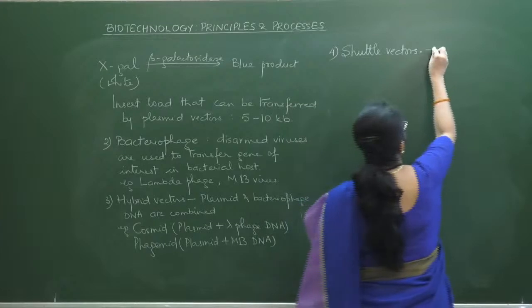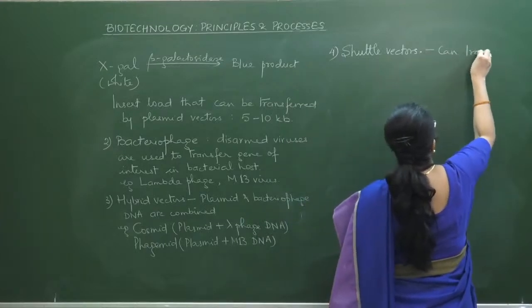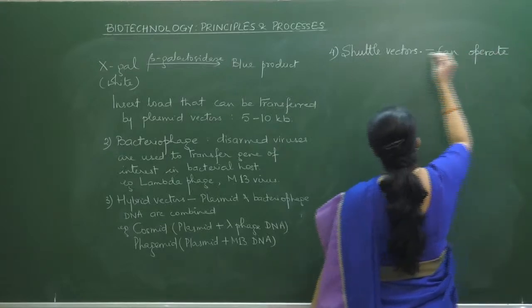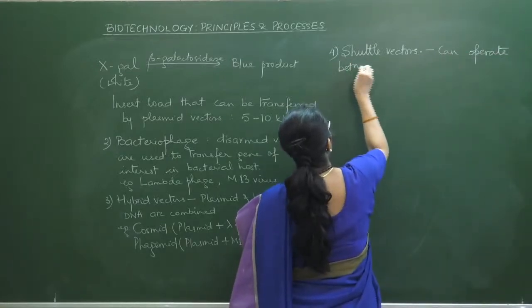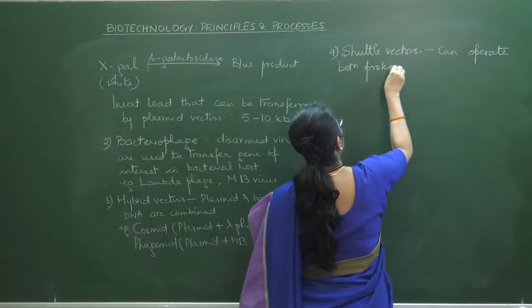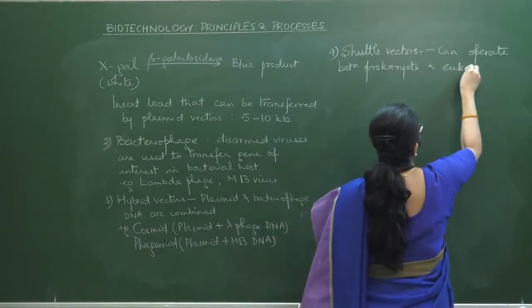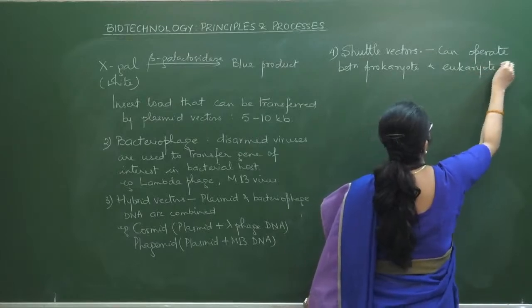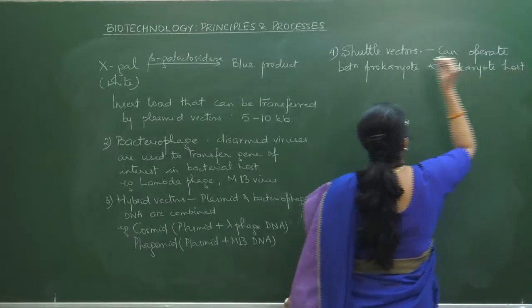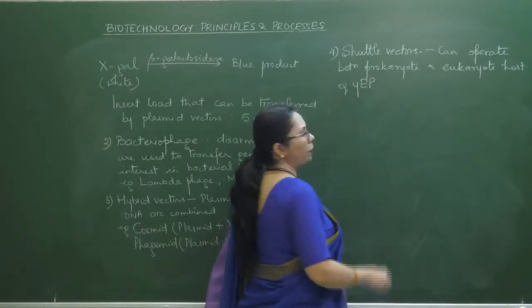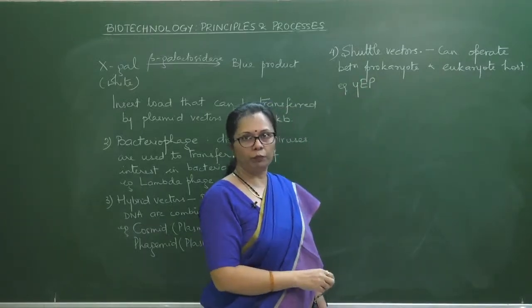They can operate between prokaryote and eukaryote host. Example here is YEP, that is yeast episomal plasmid.